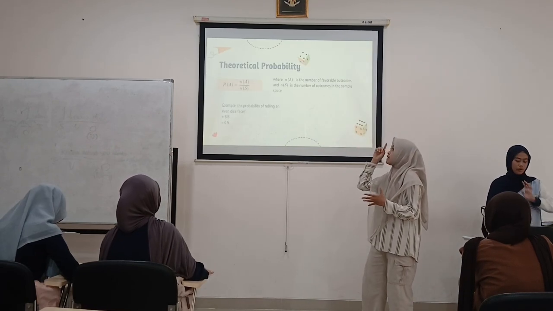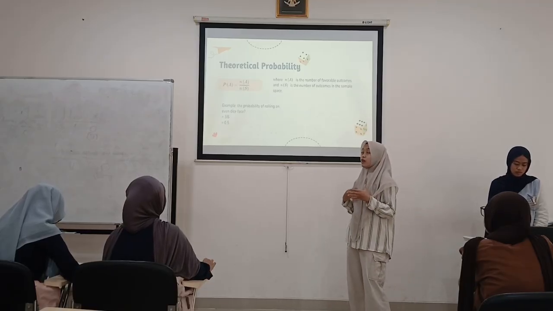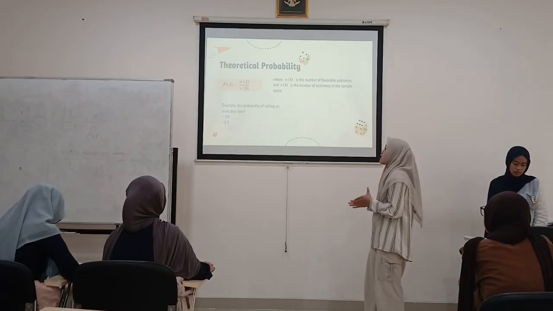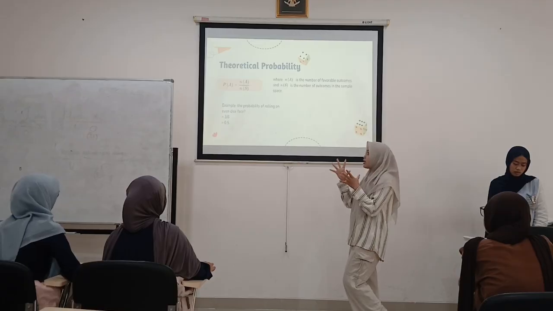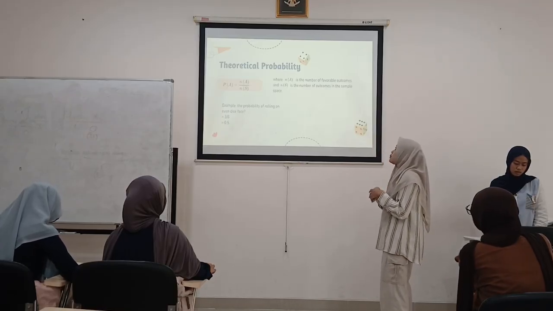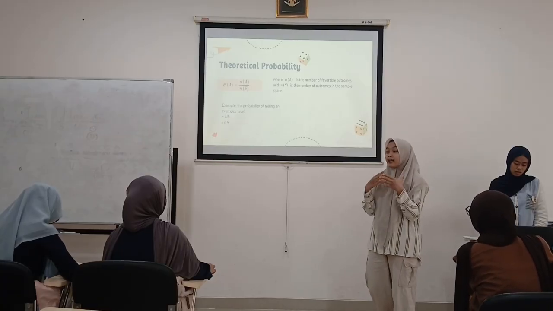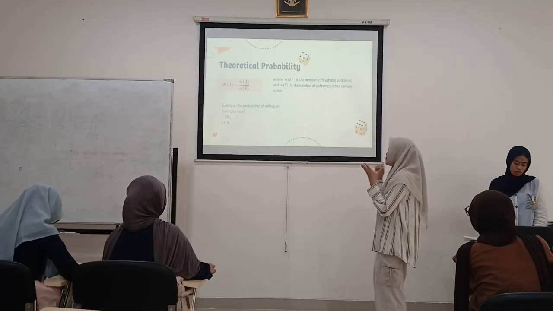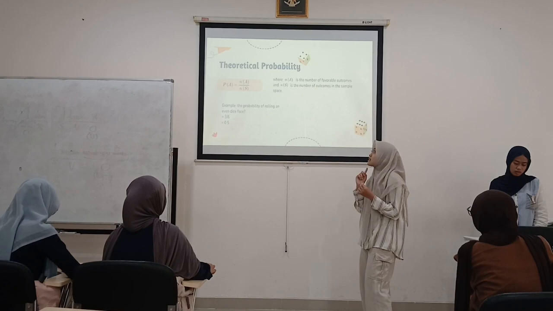Theoretical probability. The formula to find the probability of an event is P(A) equals n(A) over n(S), where n(A) is the number of favorable outcomes and n(S) is the number of outcomes in the sample space.